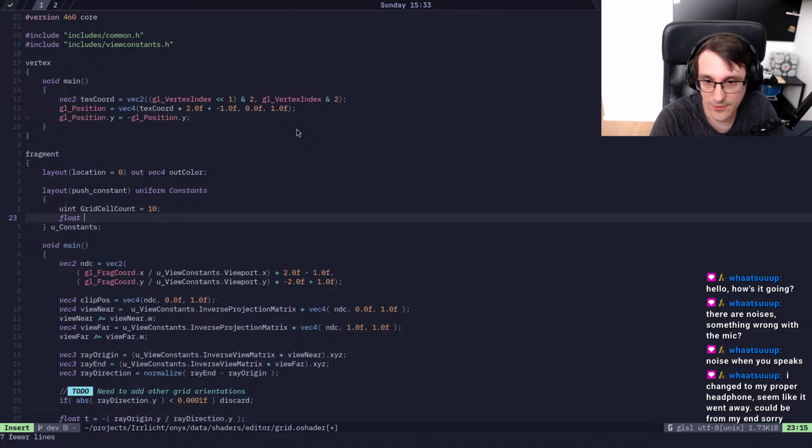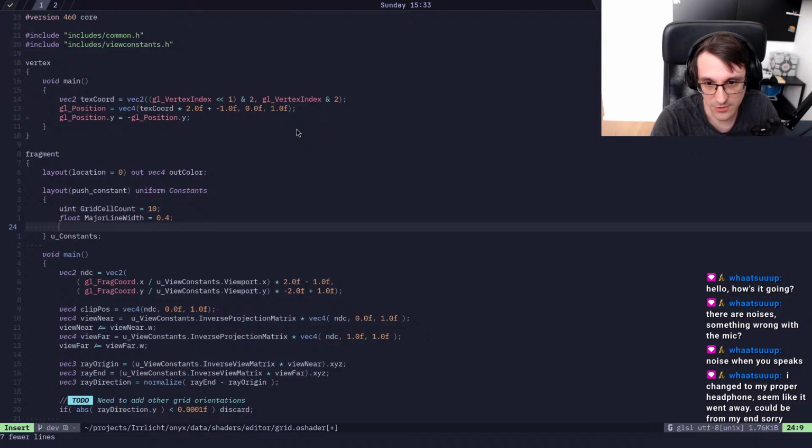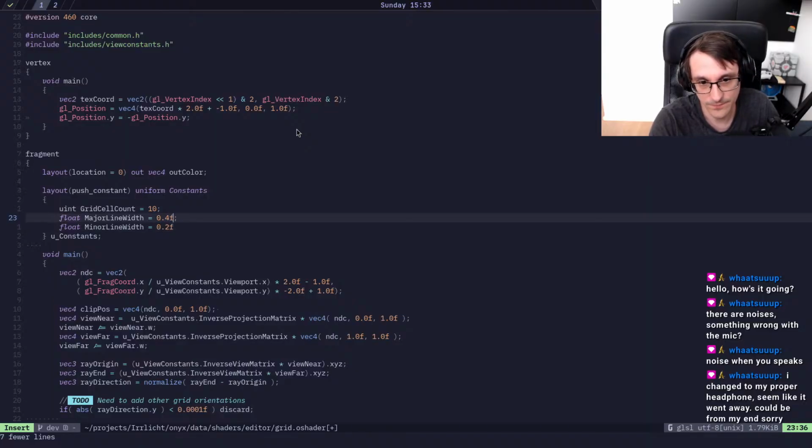Now we have a float major line width, which let's set to 0.4 now. Float minor line width, which is 0.2, which is half.